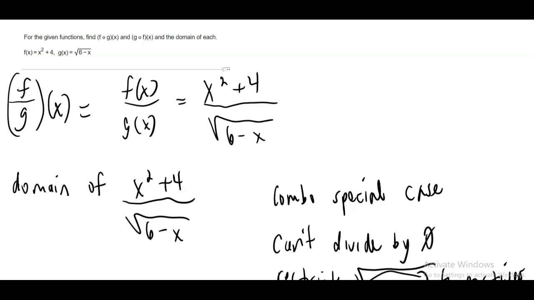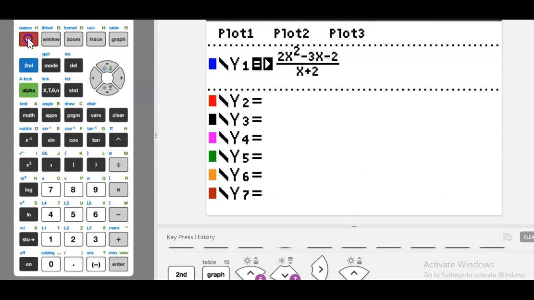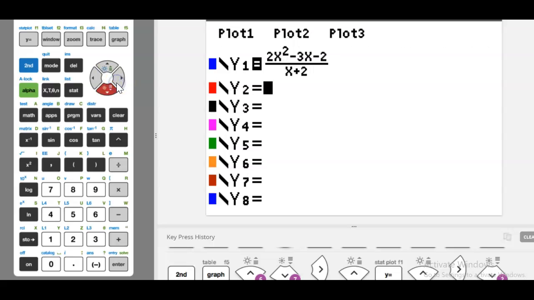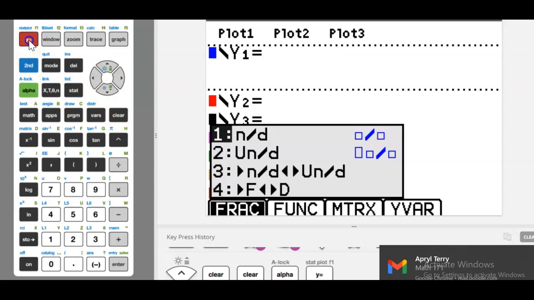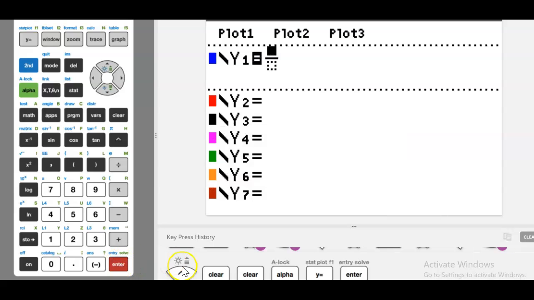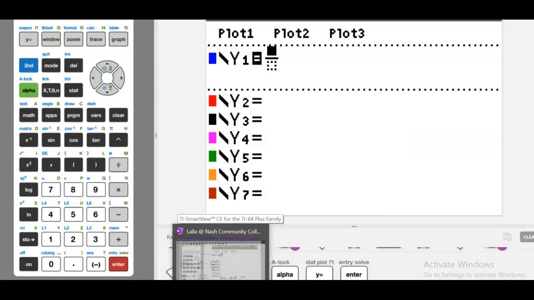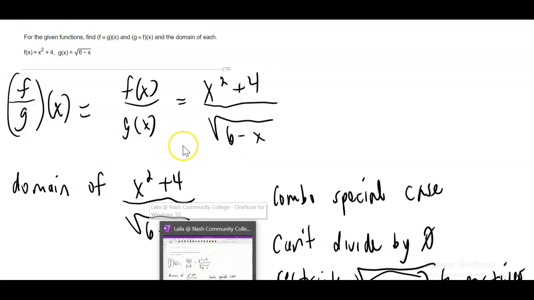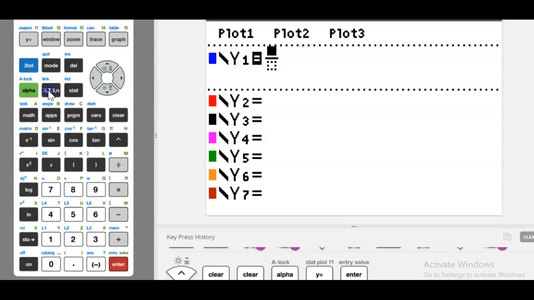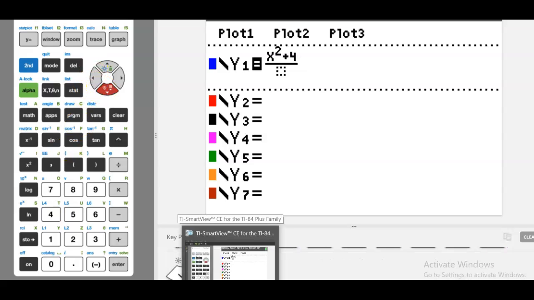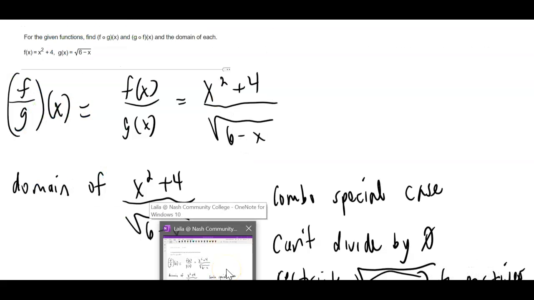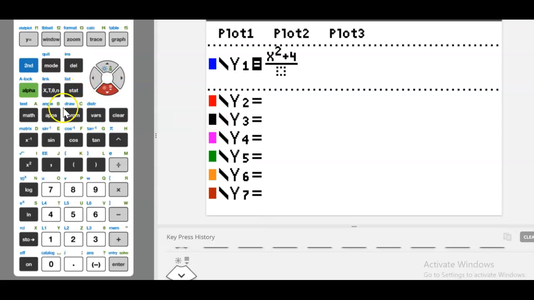Bringing up the calculator, we press alpha, y equals, choose number 1, and we have x squared plus 4 as our numerator. And now in the denominator, we have the square root of 6 minus x.